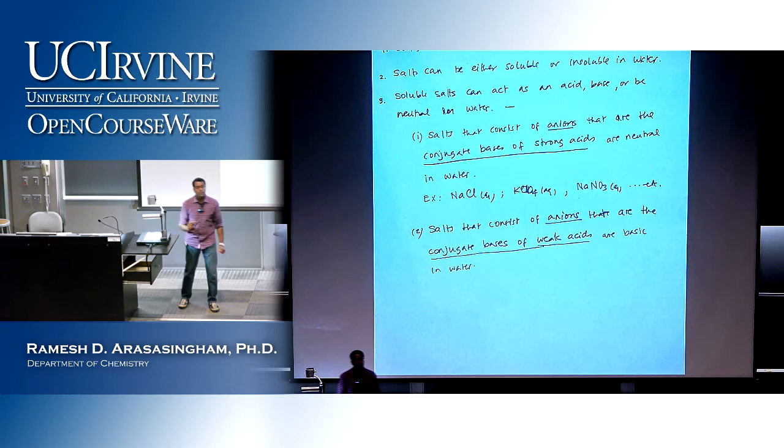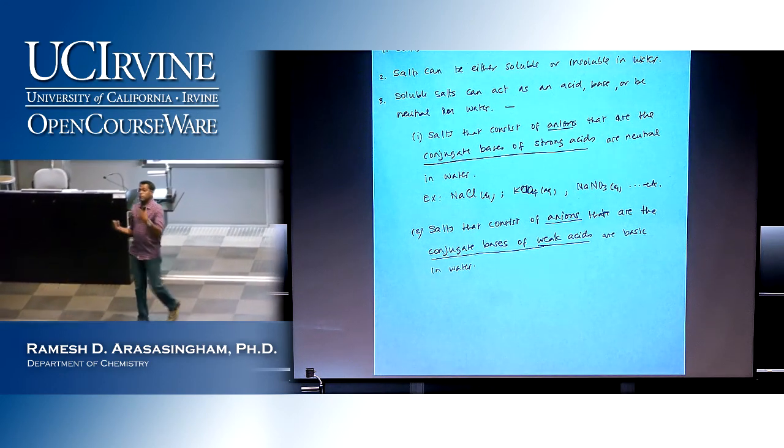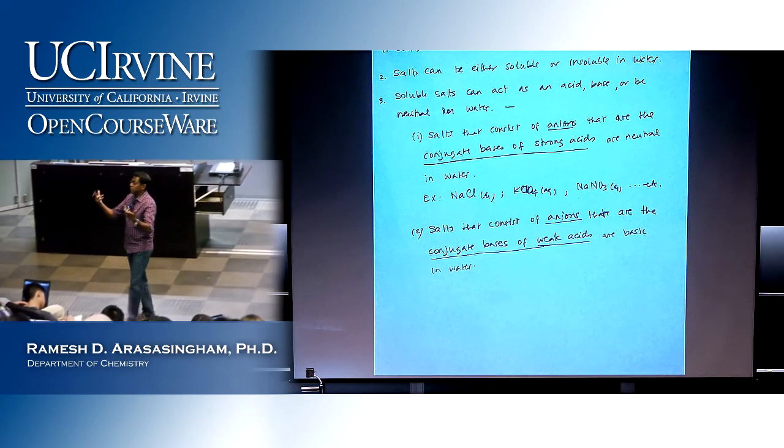All right, so now if you take the conjugate bases of weak acids, we said if you have a weak acid, its conjugate base will always be weak.